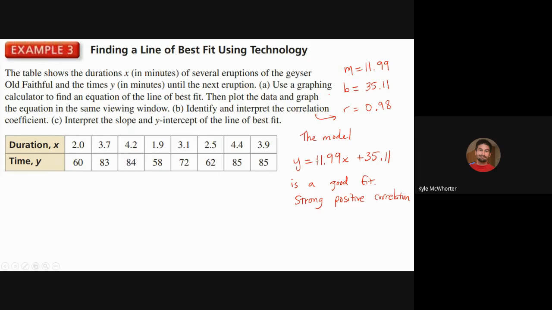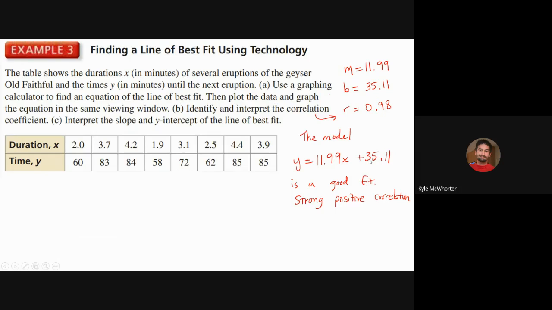So the time goes up by almost 12 minutes every time the eruption duration increases by 1 minute. So say if you went from a 2-minute eruption to a 3-minute eruption, the time should go up by about 12. And that kind of makes sense, because when we go from 2 to 3.1, that's going up by about 1 minute. And our time in between went up by about 12.